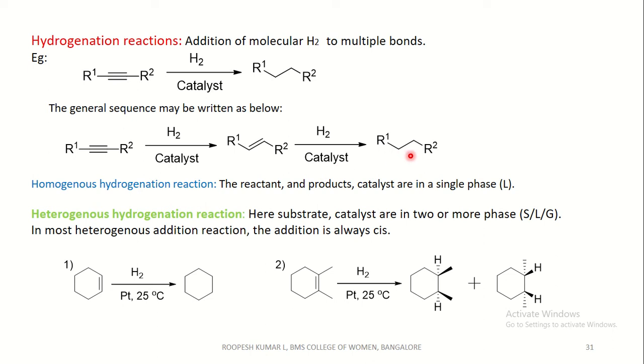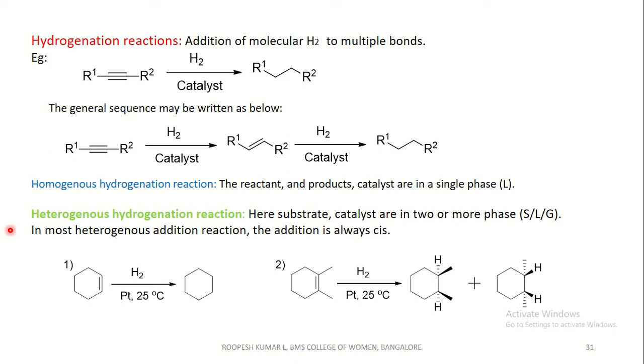In hydrogenation reaction, there are two types. Homogeneous hydrogenation reaction is one in which the reactant, products and catalyst are in a single phase. Coming to heterogeneous hydrogenation reaction, here substrate and catalyst are in two or more phases, that is it may be in solid, liquid or gas.